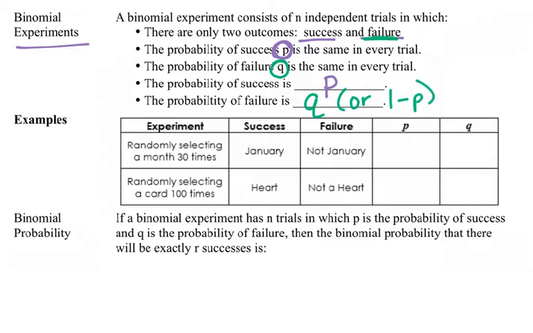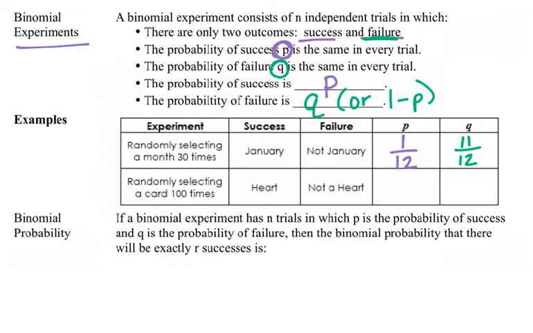So if we look at this example, we have an experiment, randomly selecting a month 30 times. A success would be January, a failure would be not January. So success, think about there's only 1 out of 12 months that are January. So failure, 1 minus 1/12 is 11 out of 12. There are 11 out of 12 months that are not January.